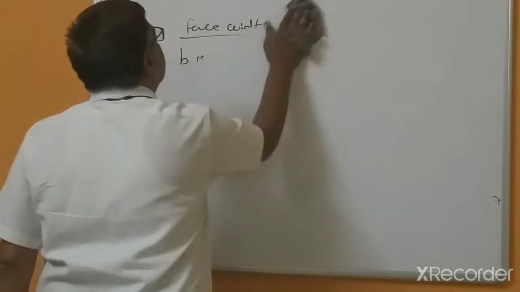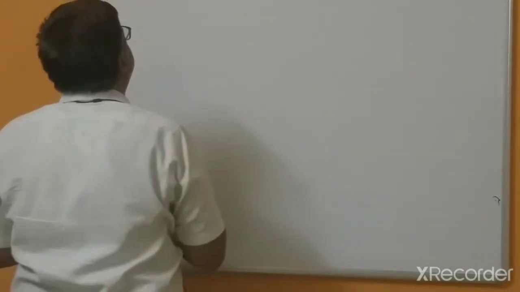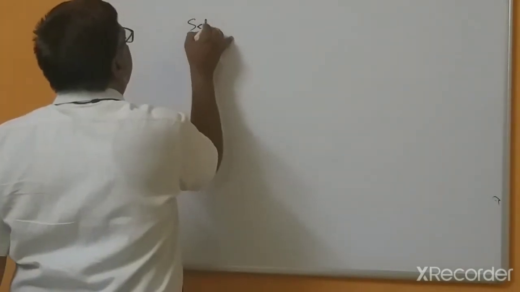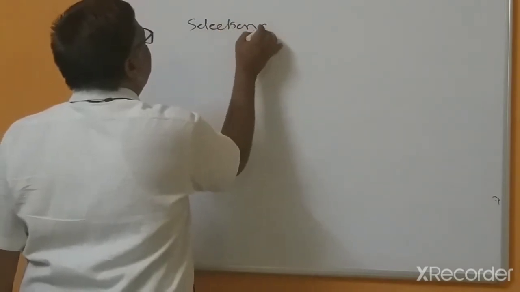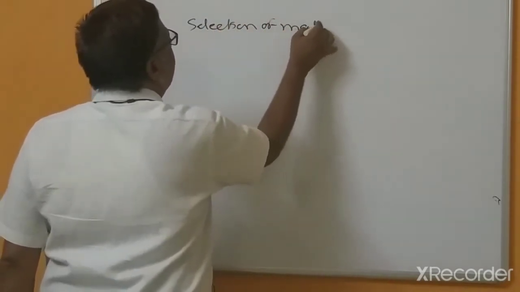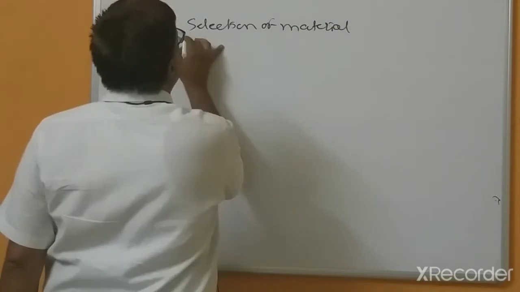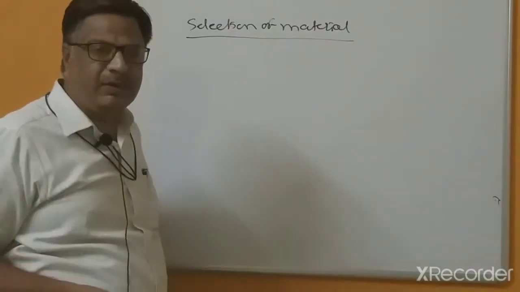Next is the selection of the material. So what are the different types of the materials that we can use for the manufacturing of the gears?